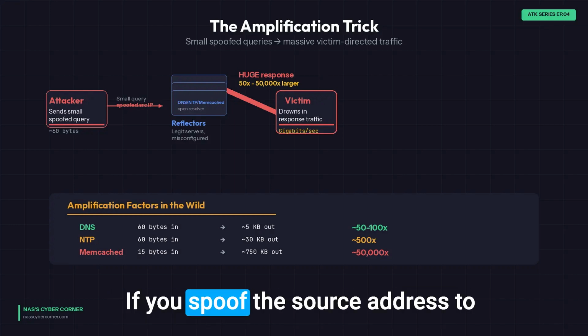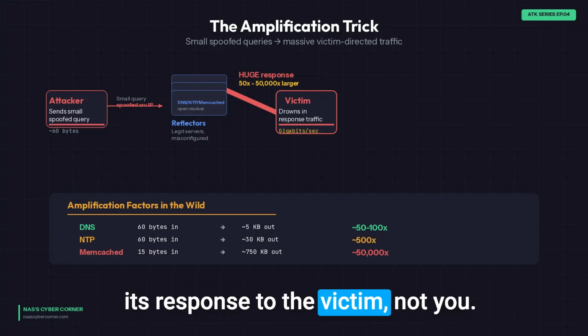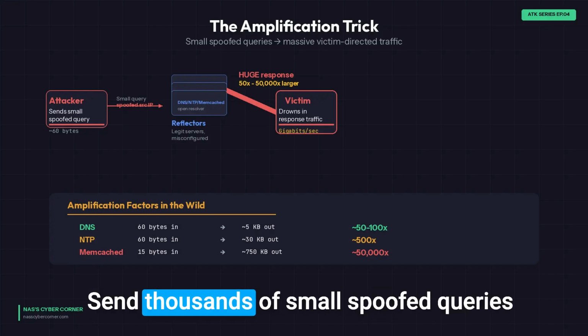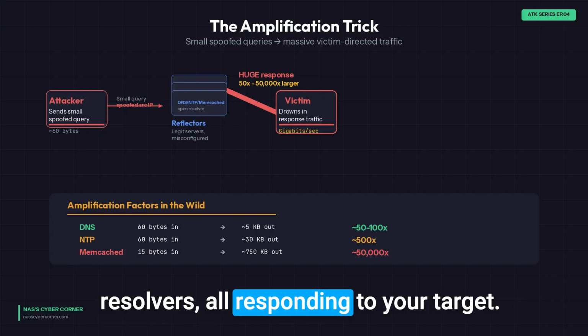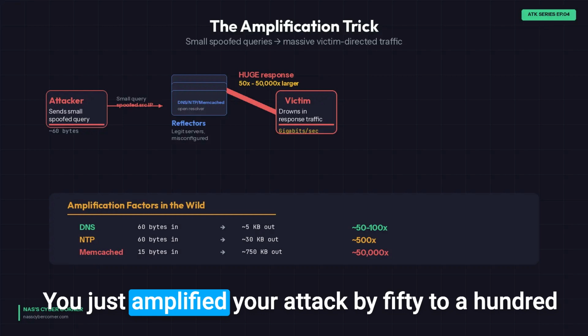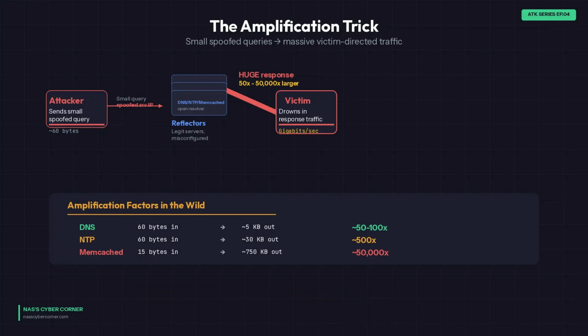If you spoof the source address to be your victim, the DNS server sends its response to the victim, not you. Now scale that up. Send thousands of small spoofed queries per second across thousands of open DNS resolvers, all responding to your target. You just amplified your attack by 50 to 100 times with minimal bandwidth on your end.